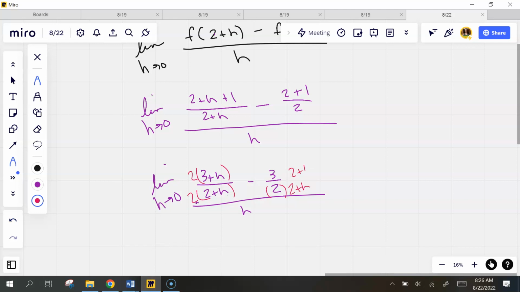I need the denominators to be exactly the same. So I'm essentially letting my least common denominator be 2 times 2 plus h, the product of the two denominators.